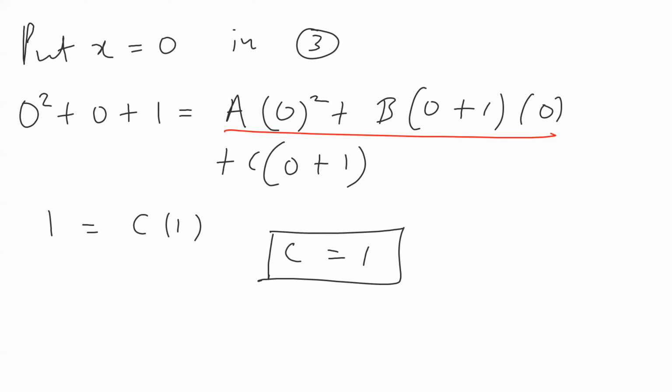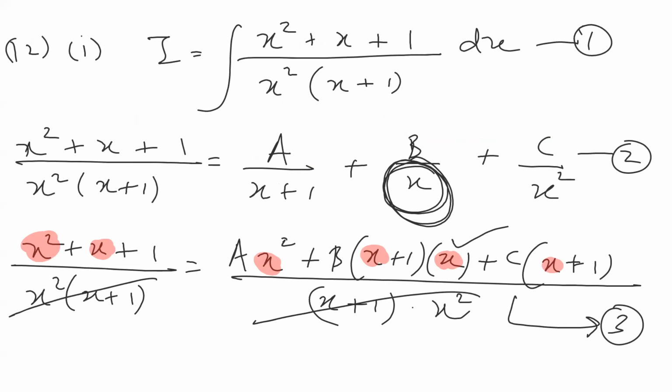For the third time, we cannot take x as 0 because it has already been taken. Take anything apart from minus 1 and 0. Let's take the simplest value, x as 1, which is quite valid. Put x equal to 1 in equation number 3.